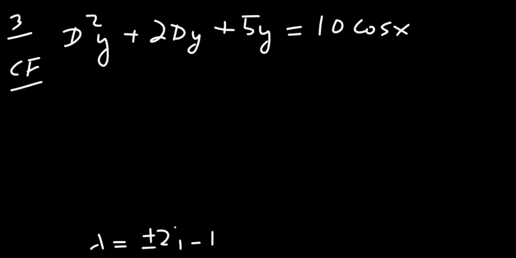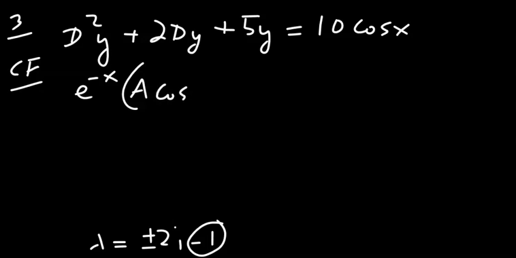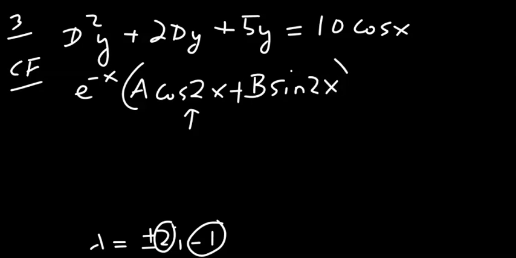From our previous video, that suggests the complementary function is e^(-x), where this minus 1 is from the real part of lambda, times an arbitrary constant, let's call it a, cosine 2x, where this 2 is from there, plus another arbitrary constant b, sine 2x.